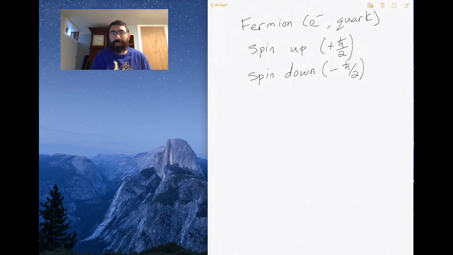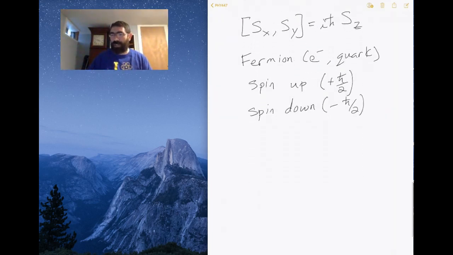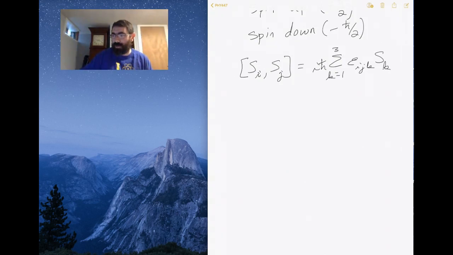And these 2 by 2 matrices have to match the commutation relation, which I'll write again as Si, Sj is equal to iħ, the sum of k from 1 to 3 of the Levi-Civita epsilon times Sk. So we have to find three 2 by 2 matrices which fit with this commutation relation.